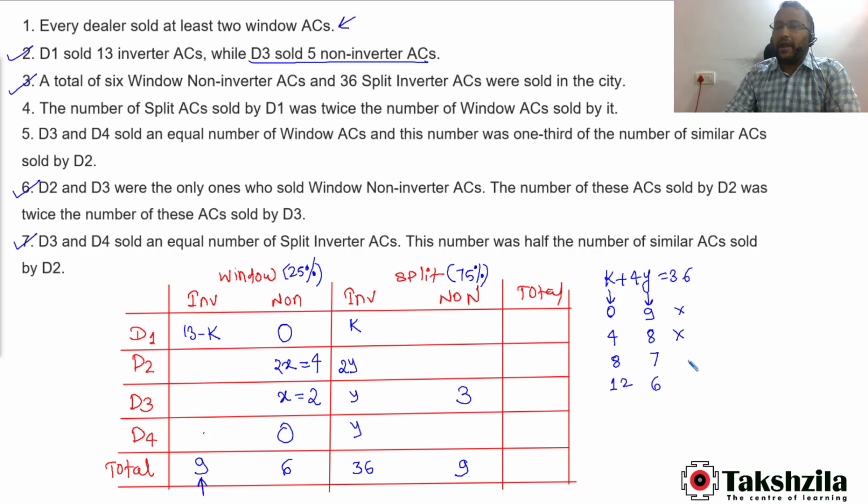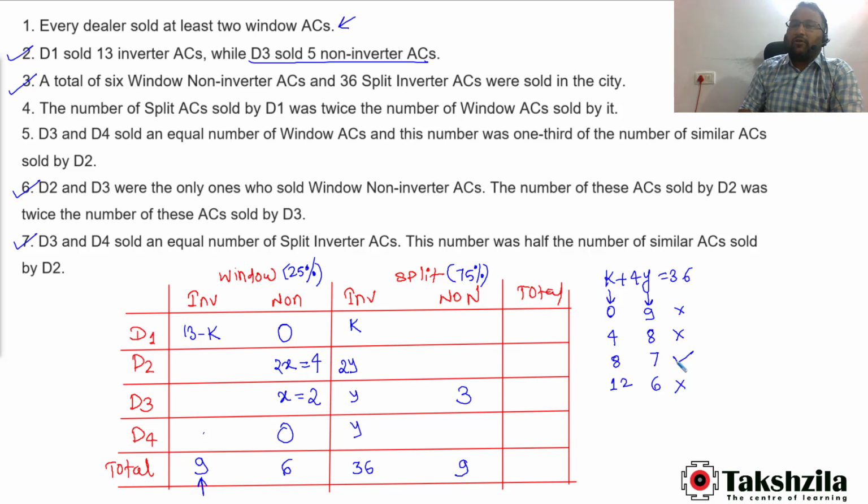Now the value of K cannot be more than 12, because the value of 13 minus K should be greater than or equal to 2, because every dealer sold at least 2 window ACs. So K should be less than or equal to 11. So this case is invalid. So only this is a possible case over here.